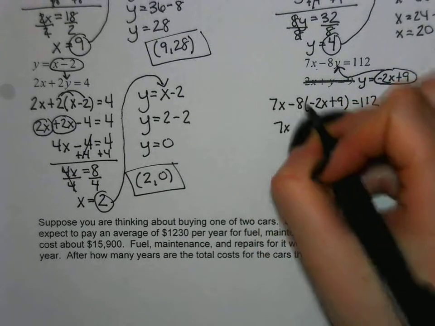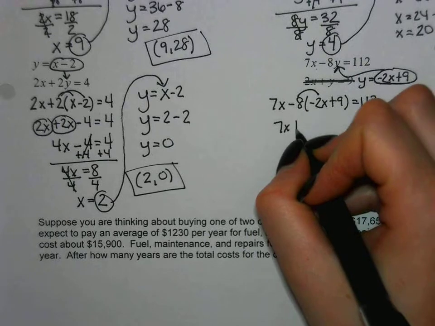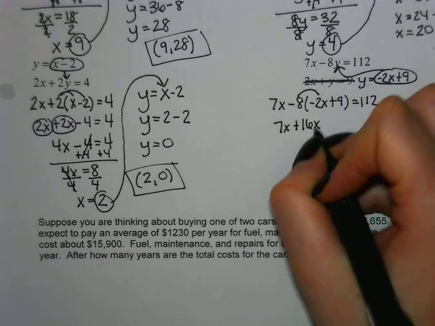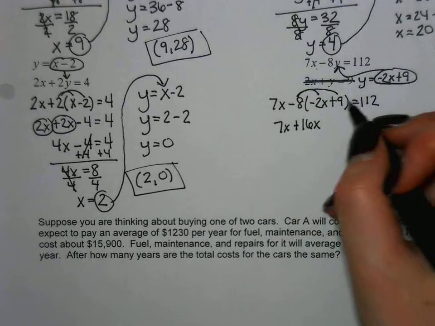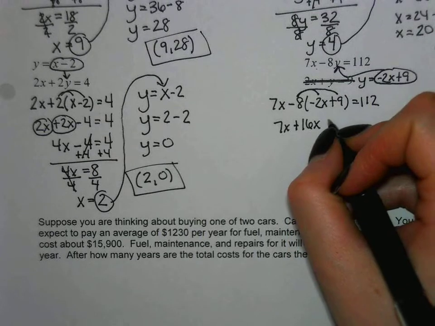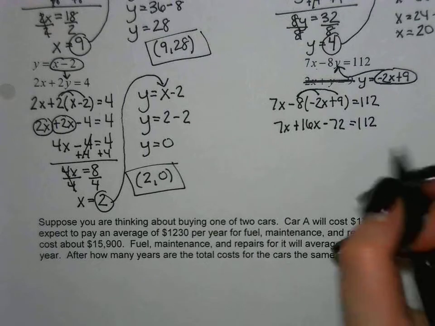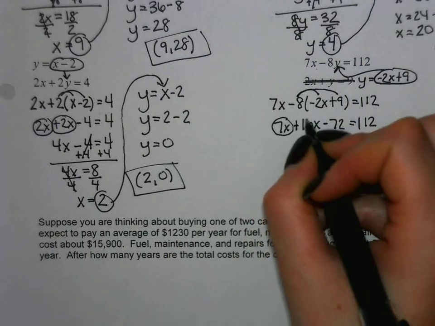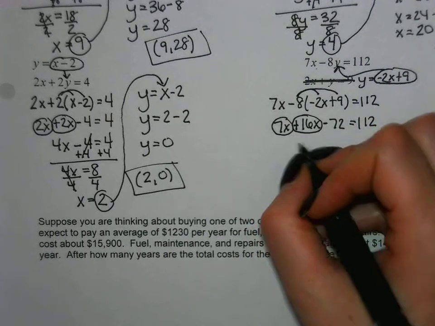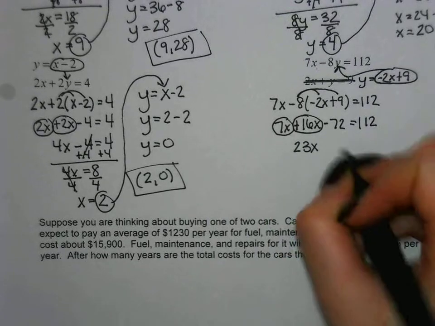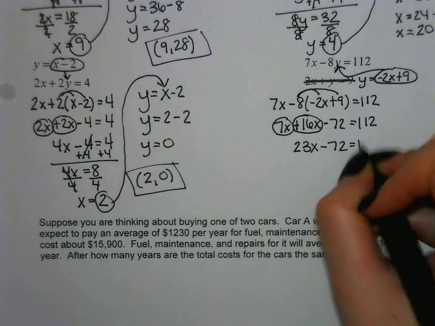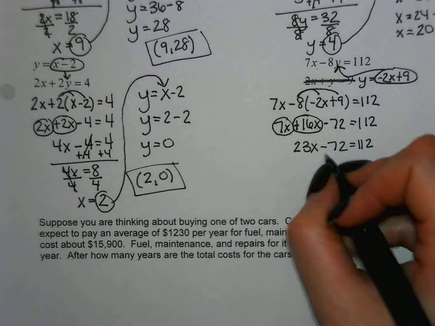So now we can distribute. Negative 8 times a negative 2x is a positive 16x. Negative 8 times 9 is negative 72, equals 112. Combine our like terms, so we have 7x plus 16x, which is 23x, minus 72 equals 112.